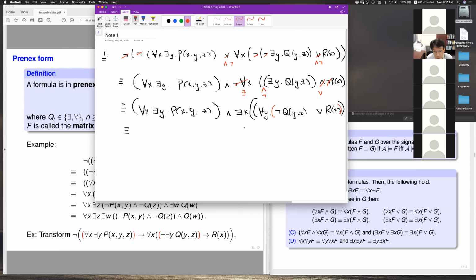Then we do the same thing for this entire thing. We move it to the inside of this universal and existential quantification. That's possible because we don't have a y and the x and y. So we have for all x exists y, p of x, y, z, and then exists x for all y, negation of q of y, z, and r of x.